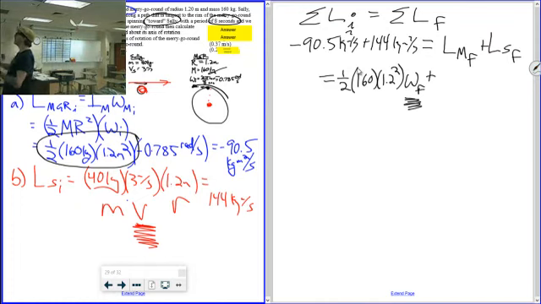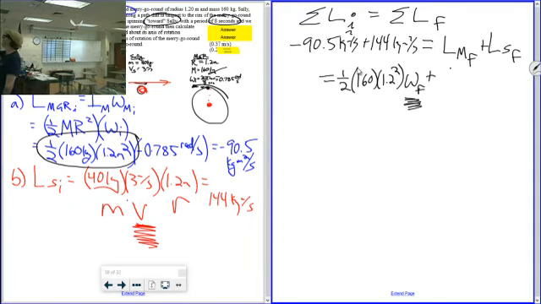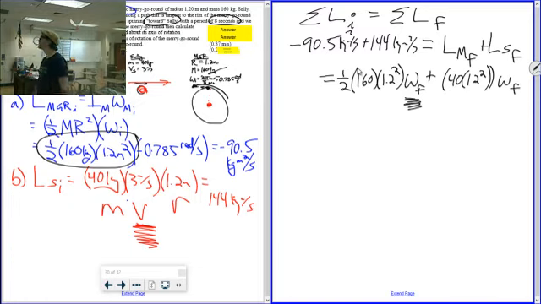So I'm going to now treat her as a point particle rotating. So I'm just going to do I omega. So I for her is her mass times the radius squared, right? That's her rotational inertia, mr squared for a particle, times her final angular velocity, okay?